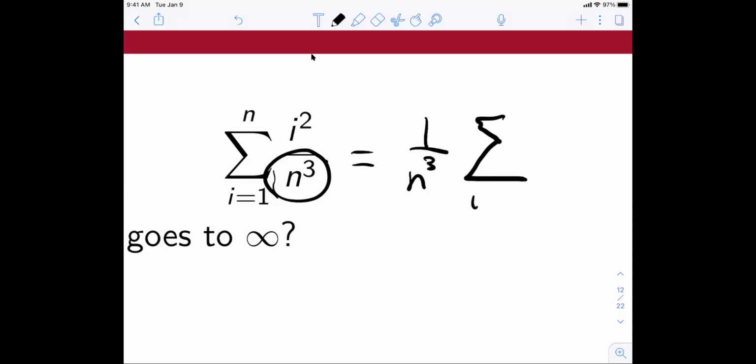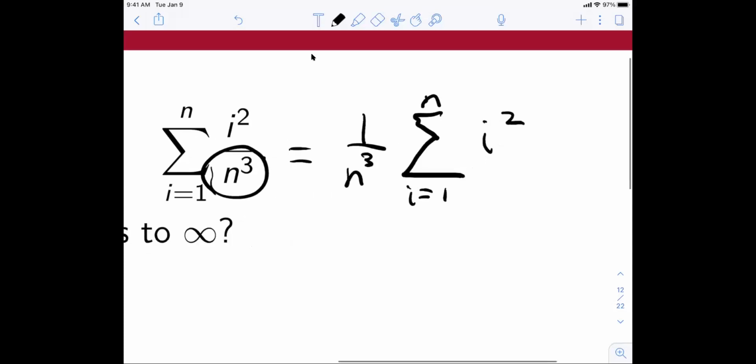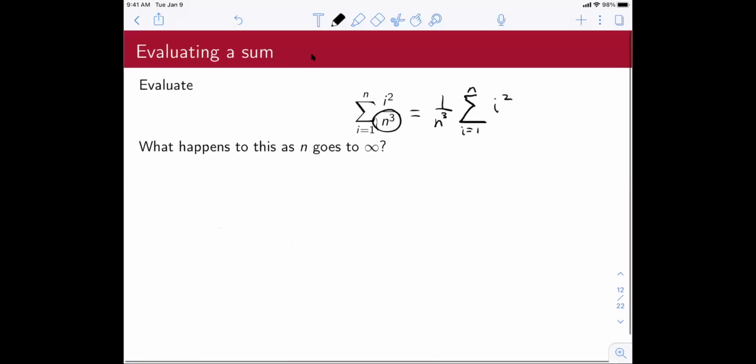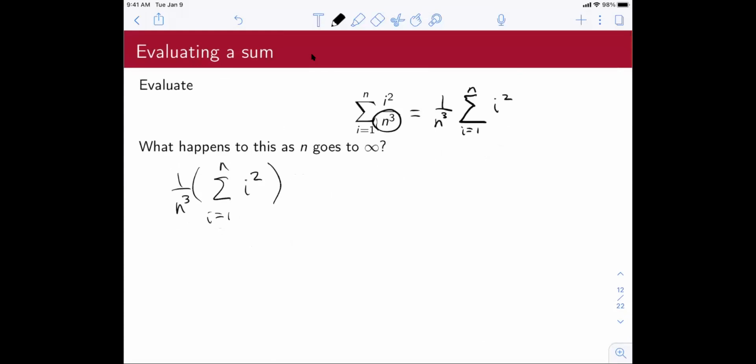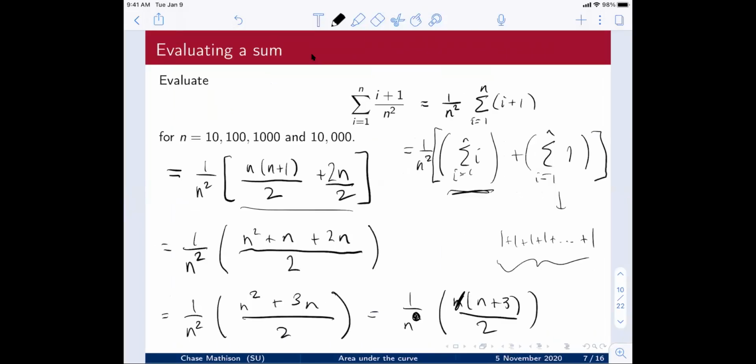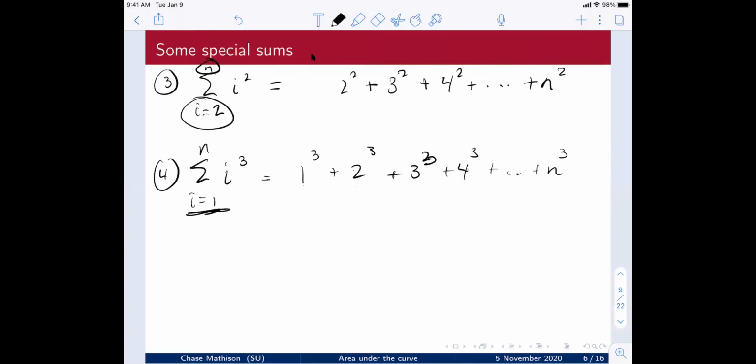Okay? So this is equal to 1 over n cubed times the sum, i equals 1 to n of i squared, right? Well, that was in our theorem that we discussed, right?